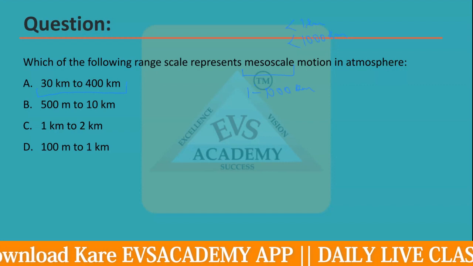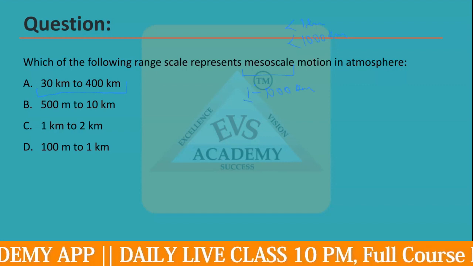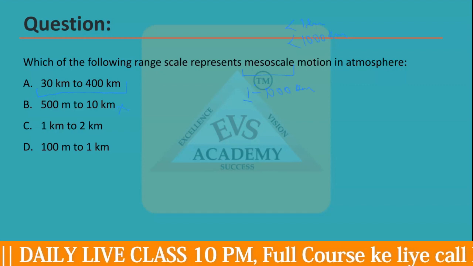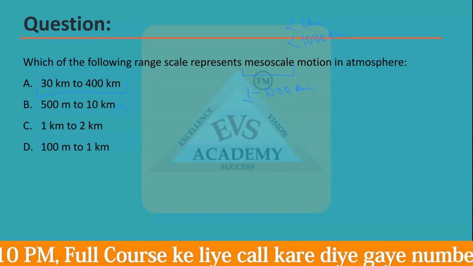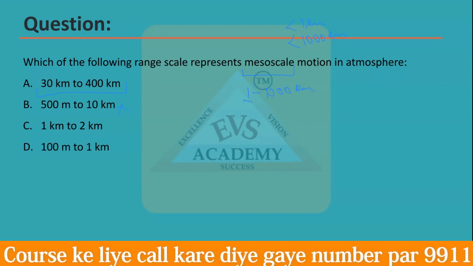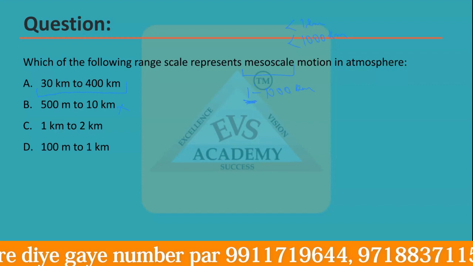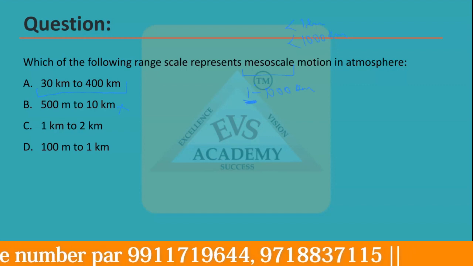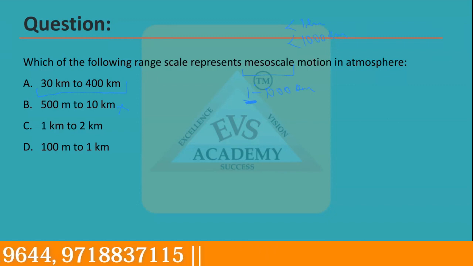Let's see the other options. 500 meters is below 1 kilometer, so we cannot select that. It is wrong. 1 kilometer to 2 kilometers: now this is in the range, but the first option covers the broader range, and option C covers a very small range, also in the very initial zone of the mesoscale. So selecting C, compared to A, is not that correct.